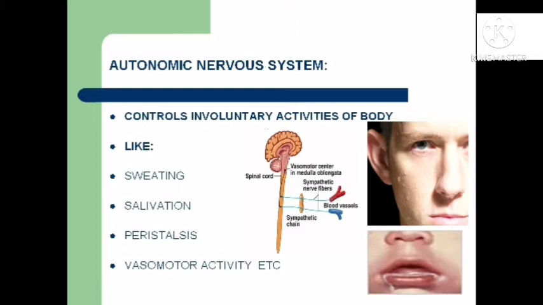The autonomic nervous system controls involuntary activities of the body, for example, sweating, salivation, peristaltic movements of the intestine, and vasomotor activity of the blood vessels.